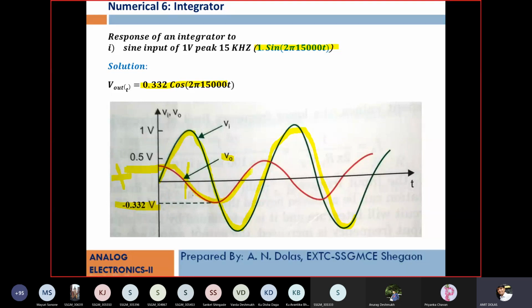You can see its amplitude is less compared to your input, because whatever calculation we obtained shows that the amplitude of input is more and the amplitude of output is less. The cos waveform starts at a positive point. If we say this is 0, then pi, then 2 pi likewise. At the time when sine is 0, cos is at 0.332 positive. This is how clearly you have to plot the waveforms.